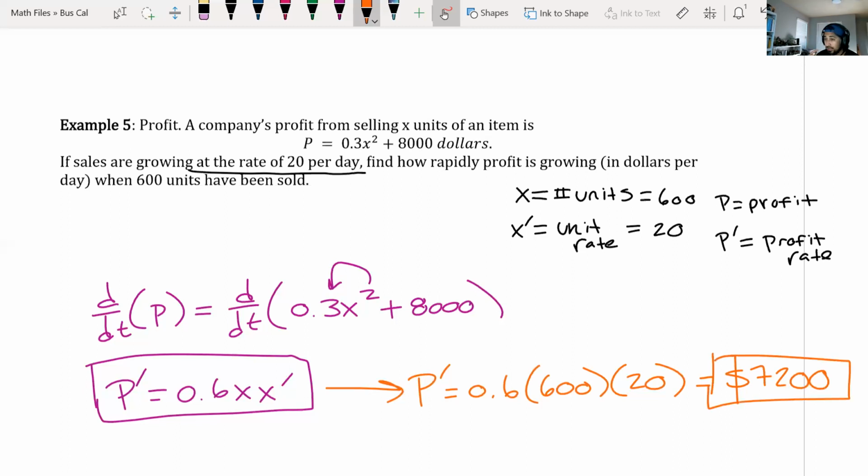That's a positive number, which means that if we are selling 20 units per day and 600 units have been sold, profit is increasing.